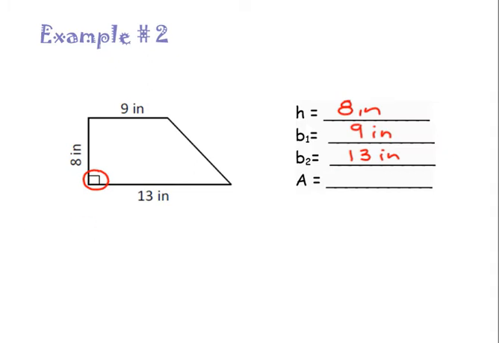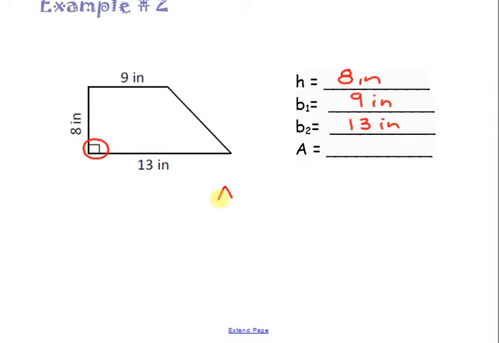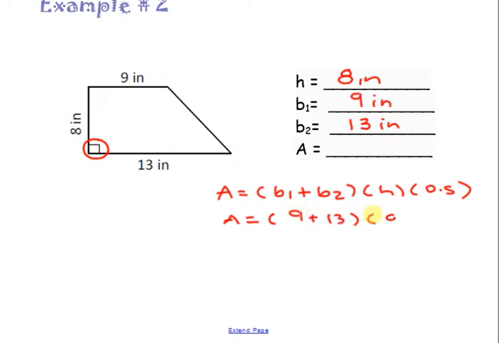So let's start off by writing the formula. A equals, open parentheses, base 1 plus base 2, close parentheses, times the height, times 0.5. So area equals 9 plus 13 times 8 times 0.5.